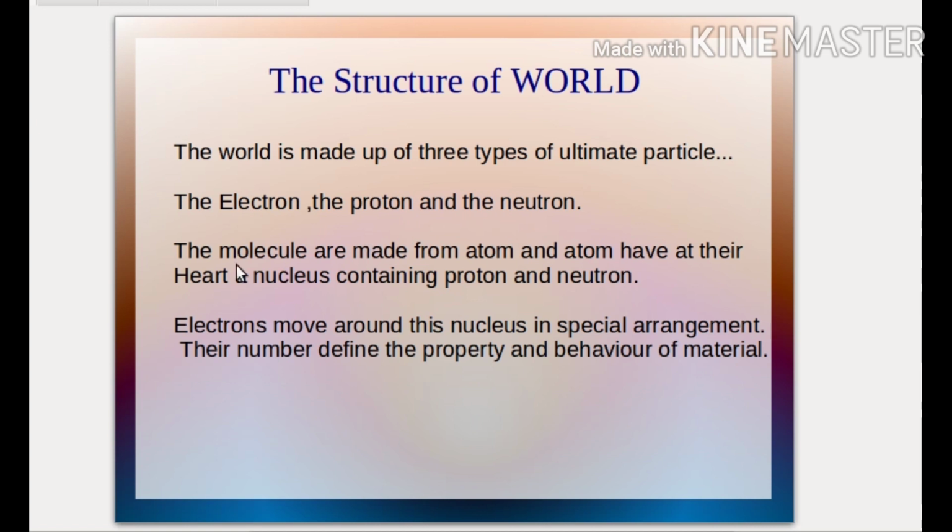The molecules are made from atoms. You know well, atoms have at their heart a nucleus, meaning inside the atom there is a heart, and that heart contains protons and neutrons.